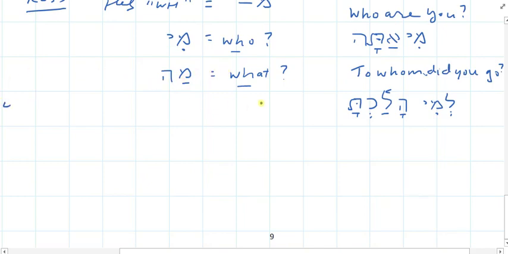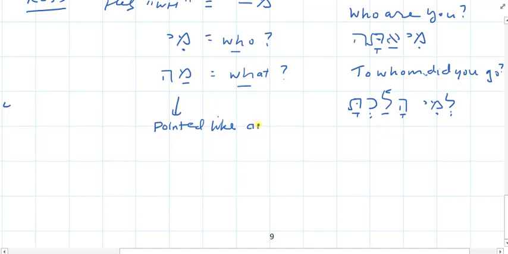Let's talk about the form what here. What? One thing we need to know is not just what it means, but how it is written in Hebrew. And here's the deal. Whenever you want to ask the question what, its vowel pointing is going to be like the article hey.